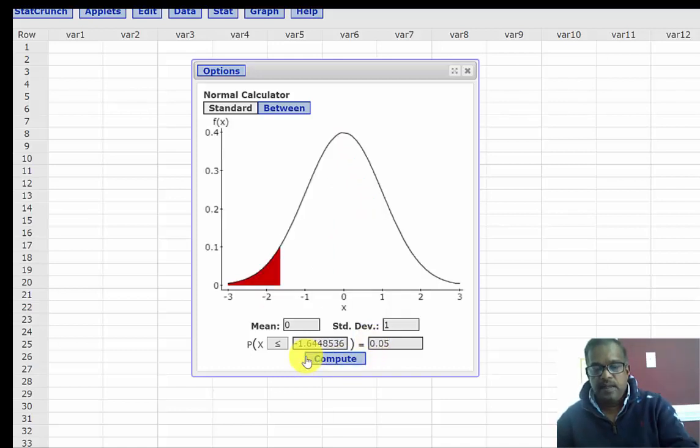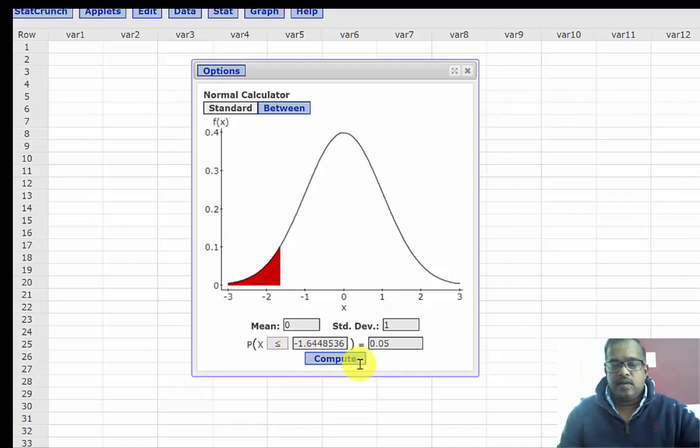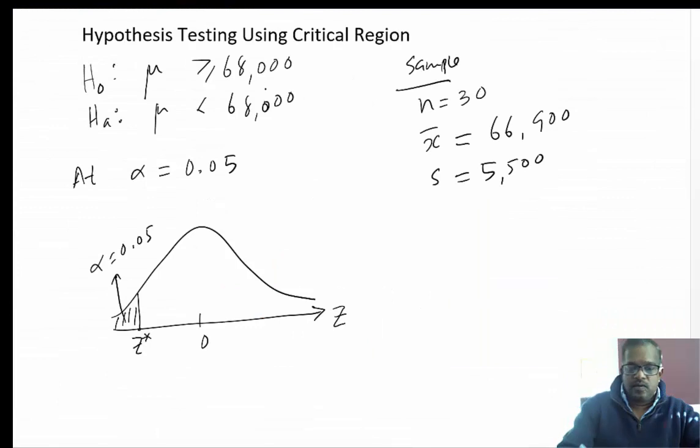If you compute, I get negative 1.6448. So we get this one value, negative 1.645. So this region is called the critical region.